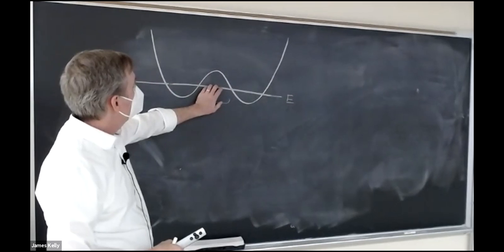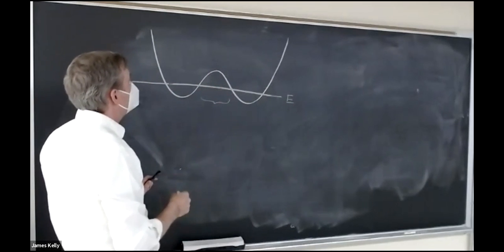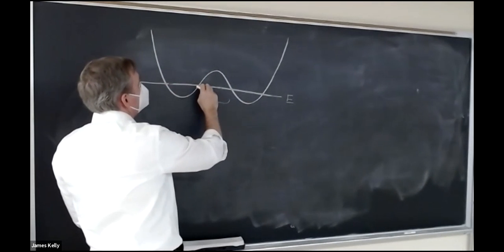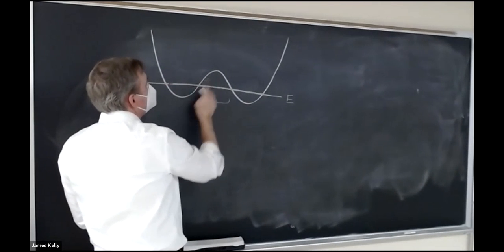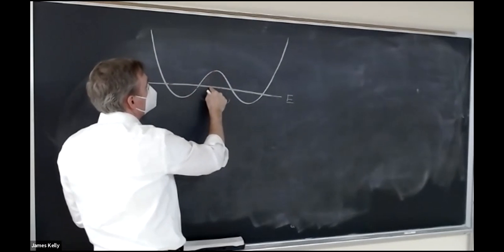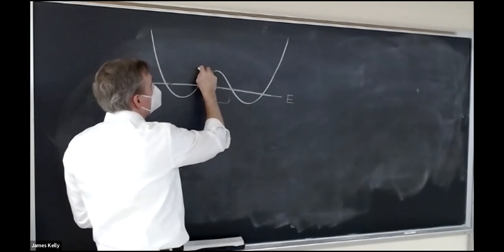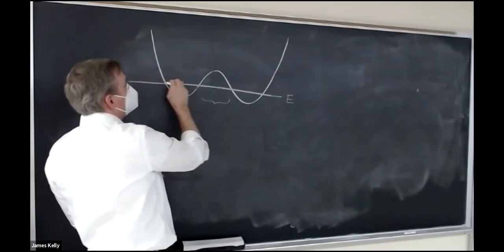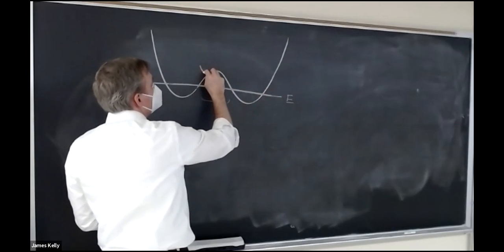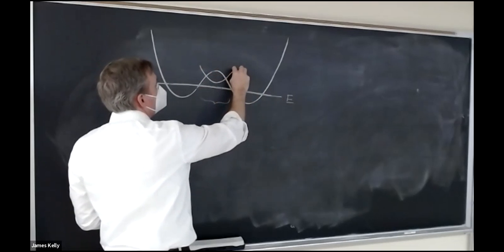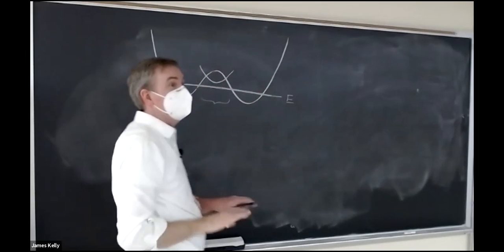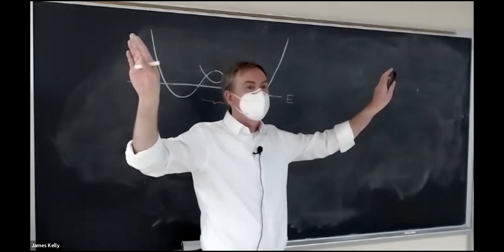What has to be true of the wave function there is that, as I'm going deeper and deeper into the region where the potential energy is greater than the energy, the amplitude of the wave function, if I imagine plotting it with this as my x-axis, has to be getting smaller, but then it gets bigger again. In other words, it has some non-zero amplitude over here and a non-zero amplitude over there. And so it's got to get bigger on both sides.